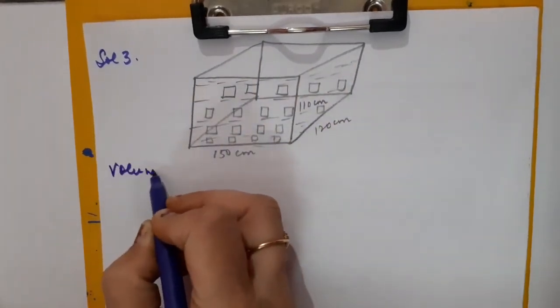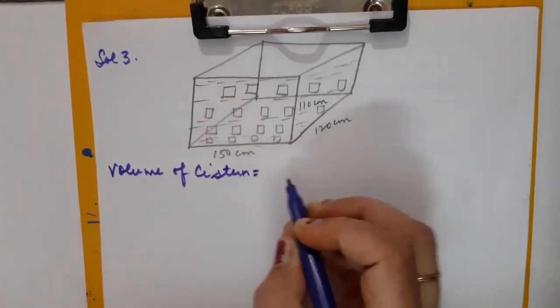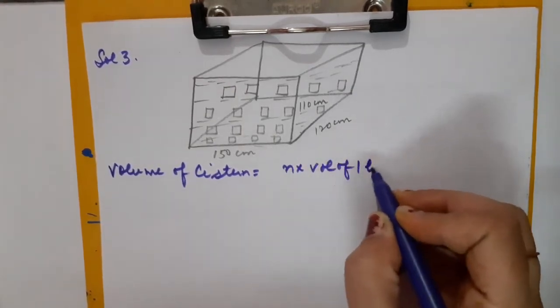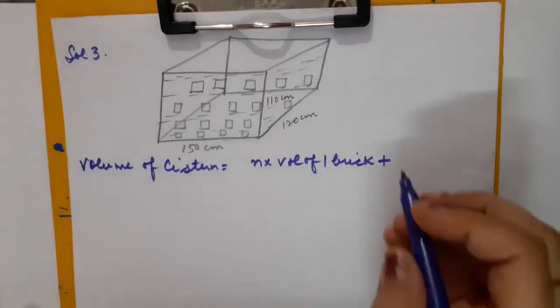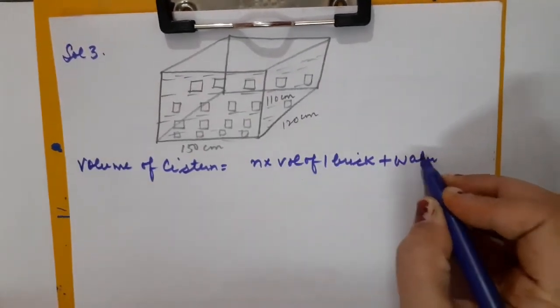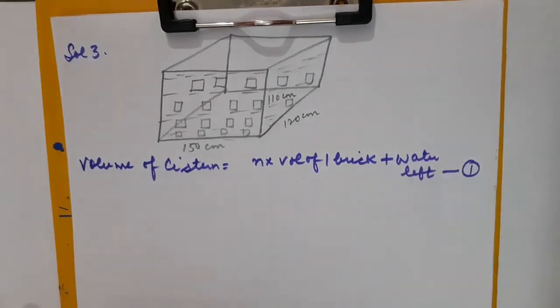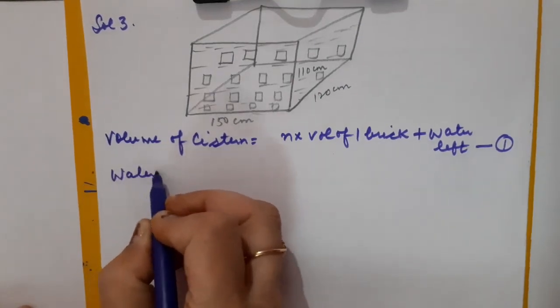calculate it. Now volume of cistern must be equal to n into volume of one brick plus water left. So let it be considered as equation number 1. Now let us calculate what we mean by water left.